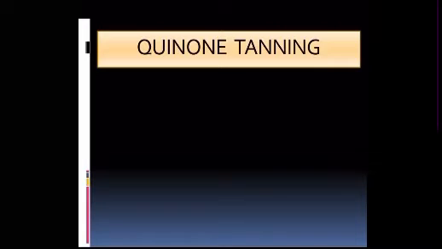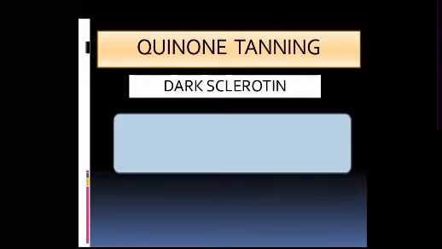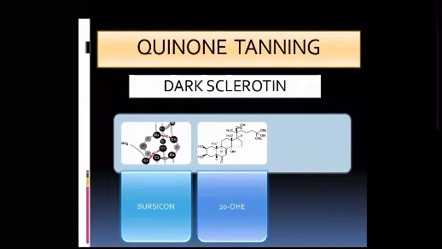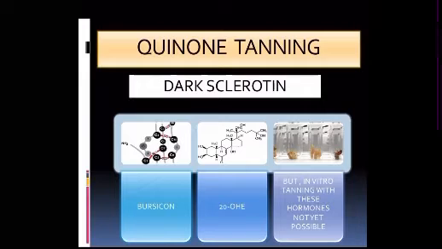It is the process responsible for the conversion of tyrosine to quinone, which further combines with proteins to form dark sclerotin. This process is controlled by bursicon and 20-hydroxyecdysone, but in vitro tanning by these hormones hasn't yet been possible.